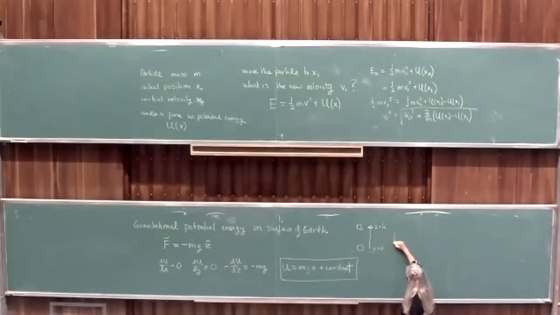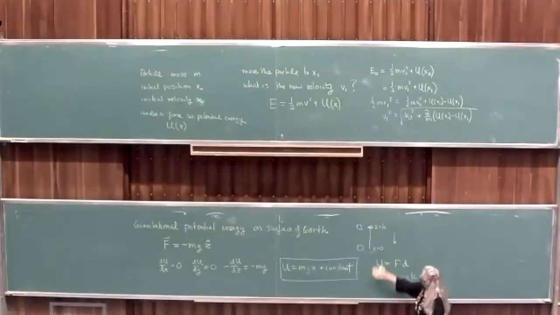So gravity is this way, my displacement is that way. In this case, we could actually integrate it, but this is a constant acceleration. So gravity is in that direction, displacement is in this direction. So they're in the opposite direction. So it's minus sign mgh.